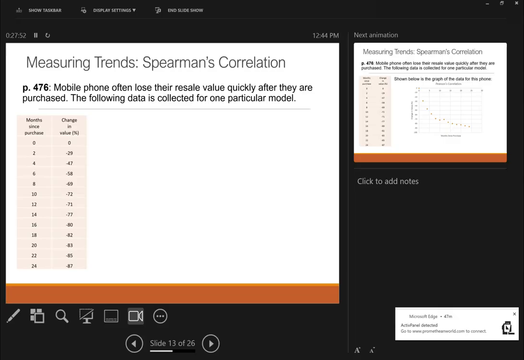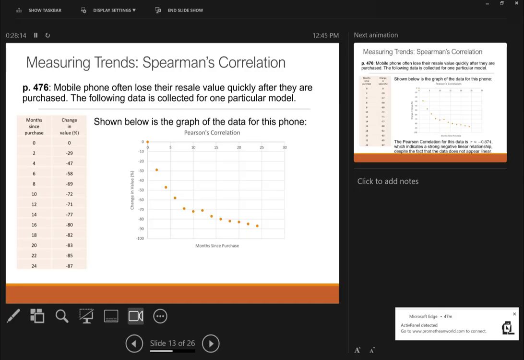So again, at 0 months, you haven't bought it, there's no change in value. Its value is what it sells for in the store. After 2 months, its value is decreased by 29%. At 4 months, it's decreased by 49%, and so on and so forth.